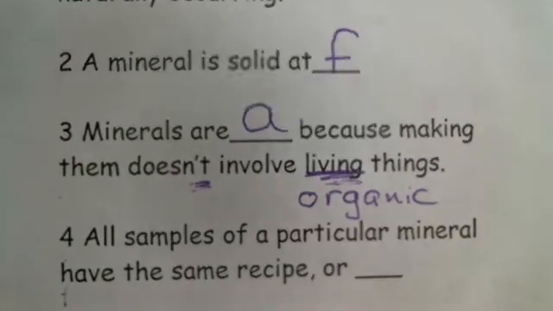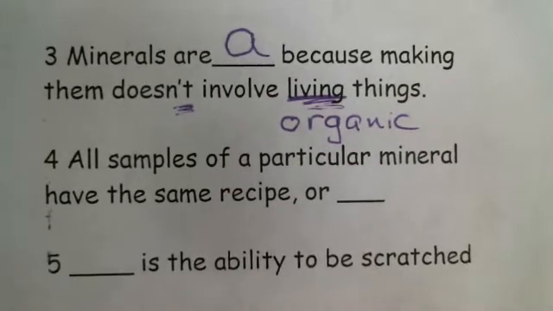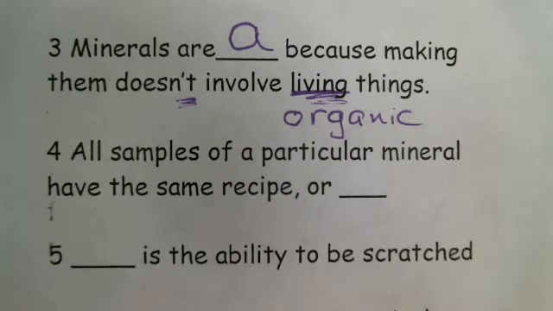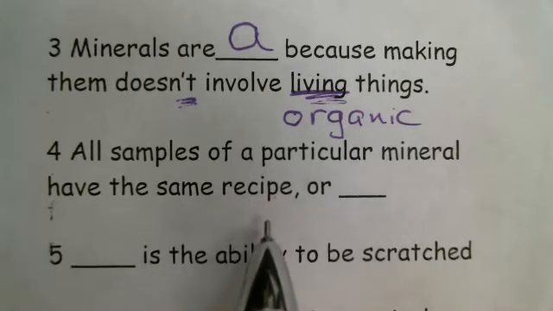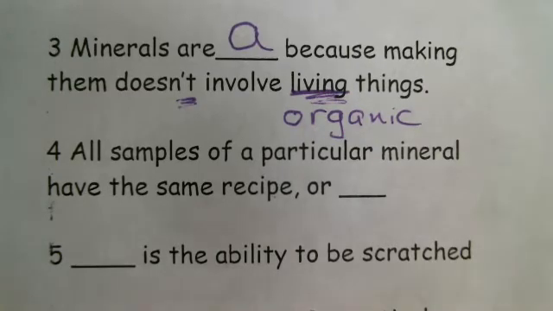Inorganic. Number 4. All samples of a particular mineral have the same recipe, or by this same recipe I mean the same combination of atoms and in the same proportions. So if you have twice as many carbon atoms as you do calcium atoms in one of the samples of, let's call it galena mineral, then you're going to have the same proportion in every single sample of that galena mineral.